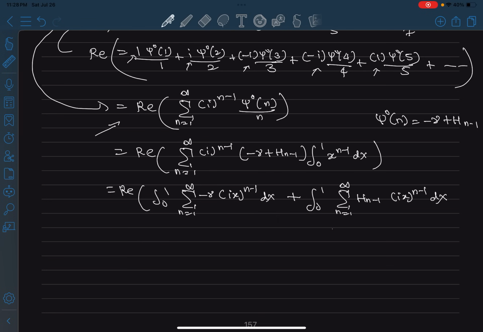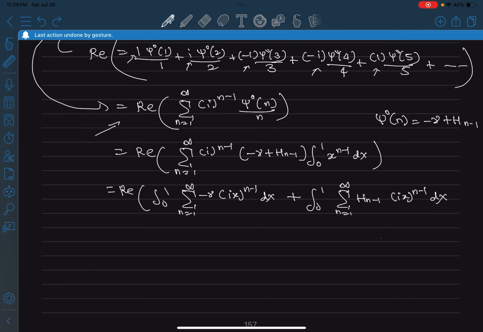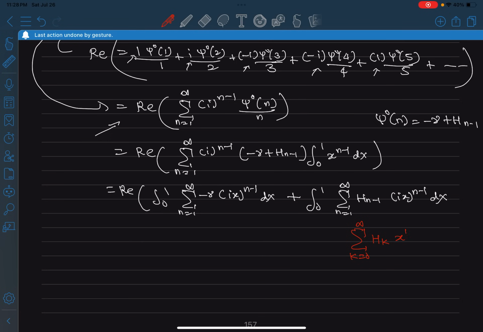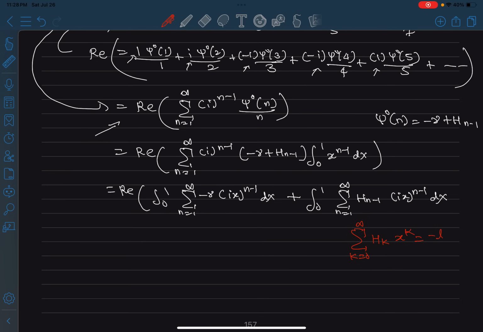Now this is basically a generating function for the harmonic number, and we actually know, let me write in red, the sum from k equals 0 to infinity of H_k x to the power k is minus ln of (1 minus x) over (1 minus x).